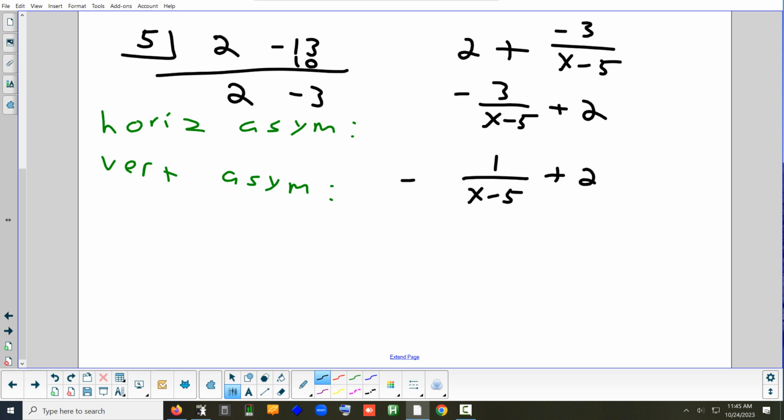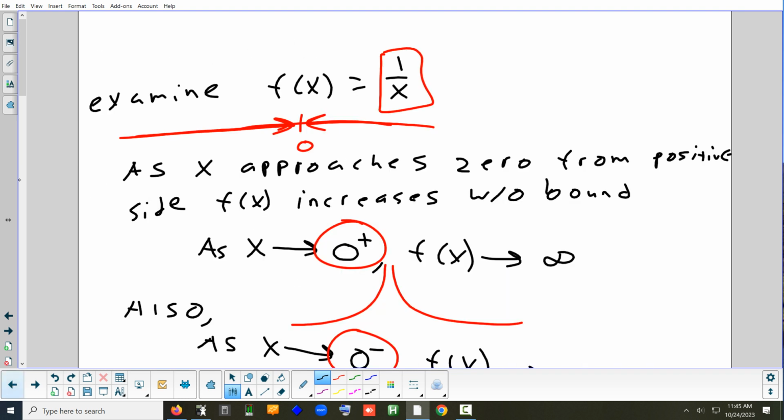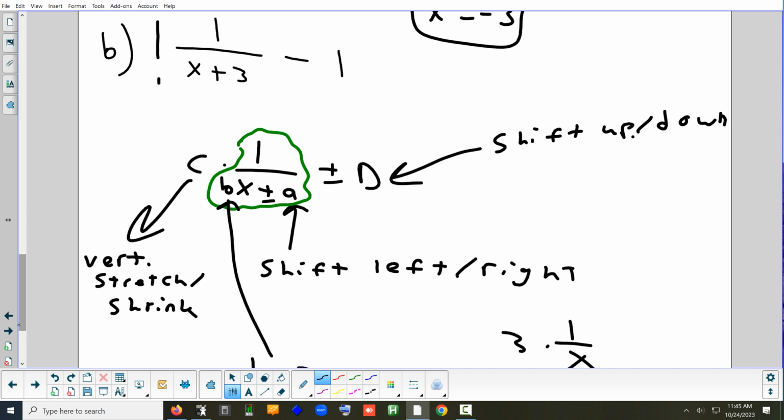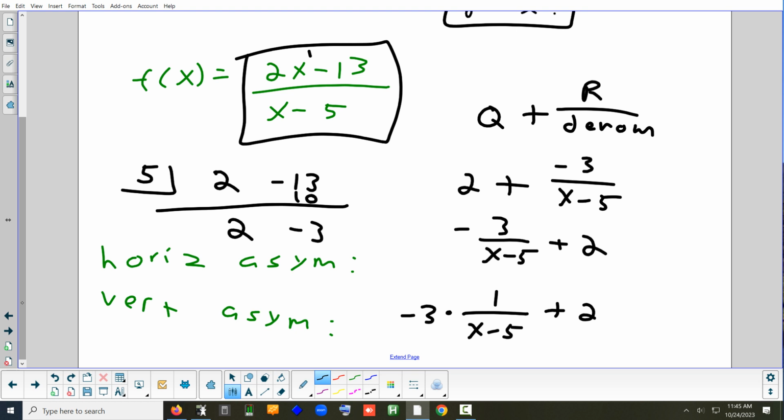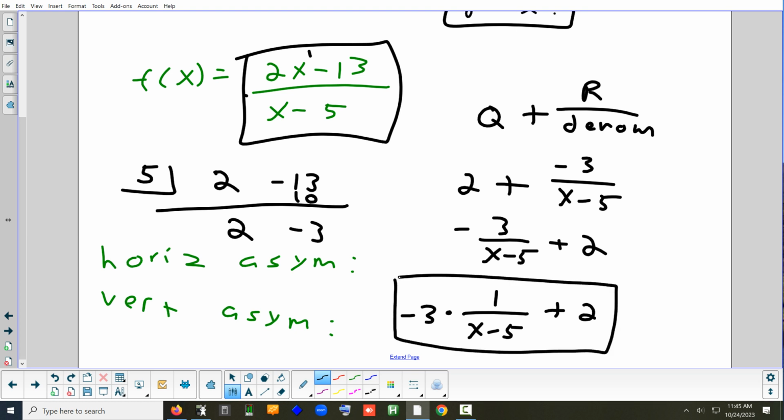I would do -3 times 1 over x minus 5, plus 2. Now you've got it written exactly the way you need it to describe what each number is doing. You could also put that in y1 and the original in y2 in the calculator, and they should look identical.